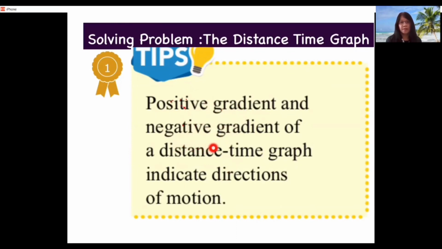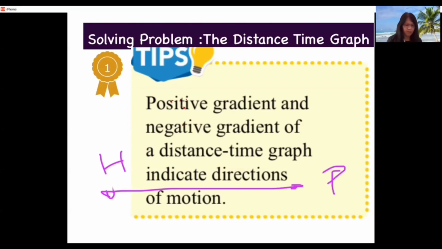If positive means the direction from one place to another place, then negative means the direction is coming back. For example, this is your house, and you go to school, PGS. The gradient you find from the graph gives you the speed, so it's positive.